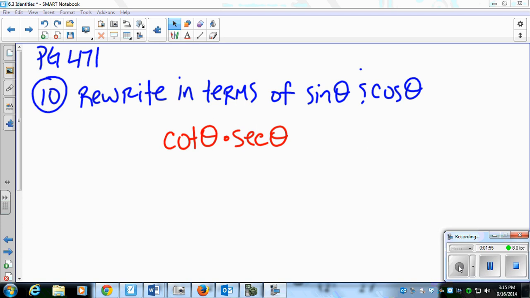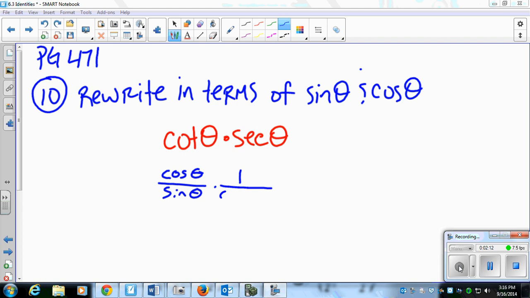So in number 10, we see the cotangent of theta times the secant of theta. Well, again, we want to write them in terms of sine and cosine. So cotangent is cosine of theta over sine of theta. Secant is 1 over cosine of theta.